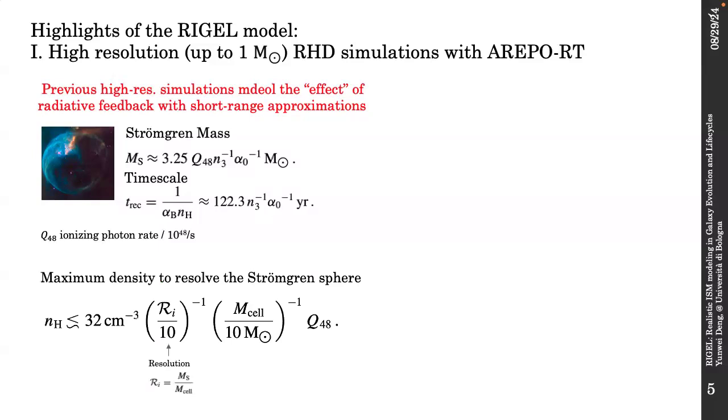So the initial phase of H2 regions is hard to resolve, but as the H2 regions expand and the density goes low along with the expansion, the later phase is easier to resolve. Therefore, we need to deal with the unresolved initial phase of the H2 region.